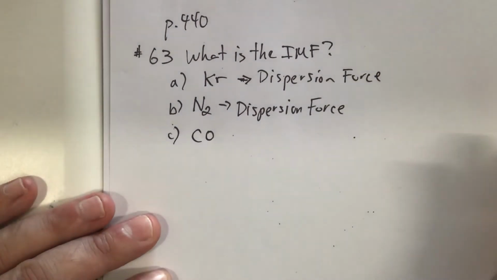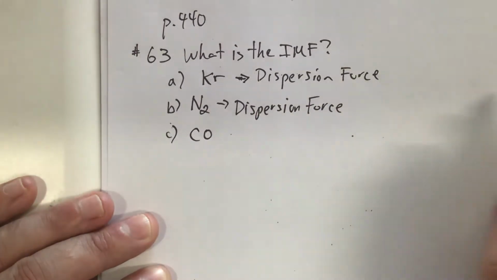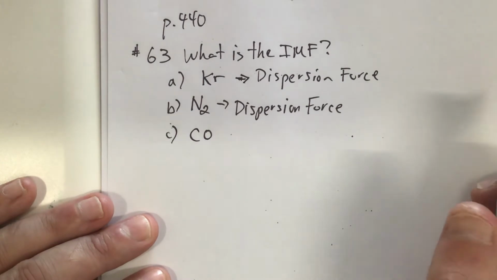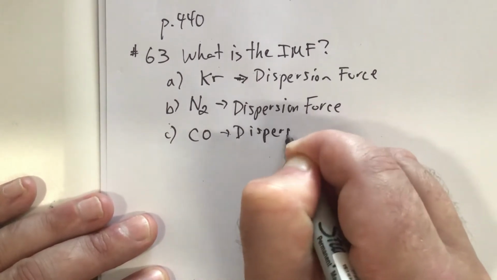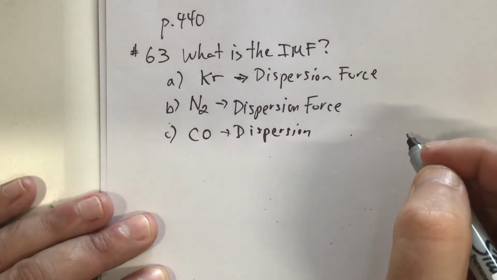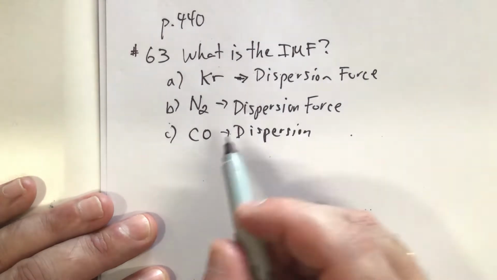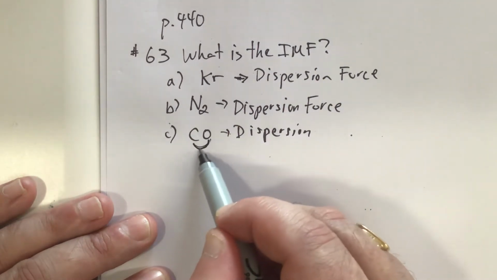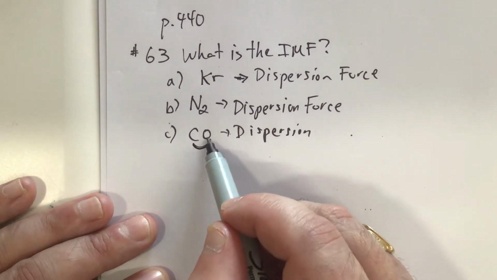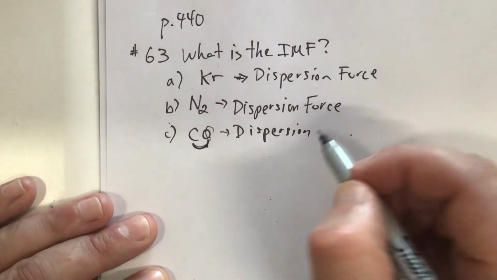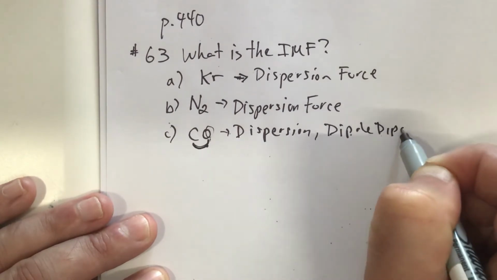Next, CO, which we should know is carbon and one oxygen, so carbon monoxide. All molecules at least have a dispersion force. There is enough of a difference in electronegativity there, since oxygen is highly electronegative, so there's going to be a dipole force.